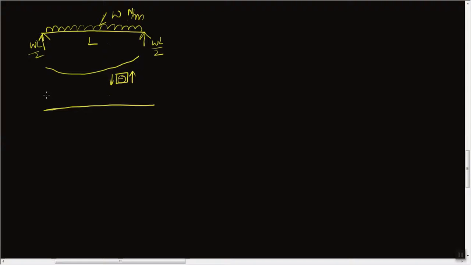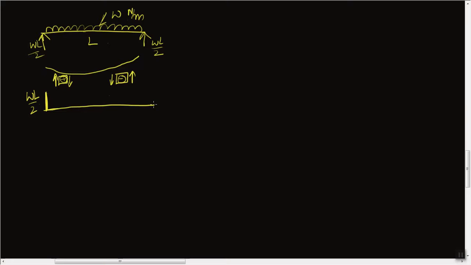We know that wherever the point load is there, we will get a vertical line in the shear force diagram, which is equal to WL by 2 here. It is positive because the element is subjected to load like this: if the right face is downward, it must be positive.